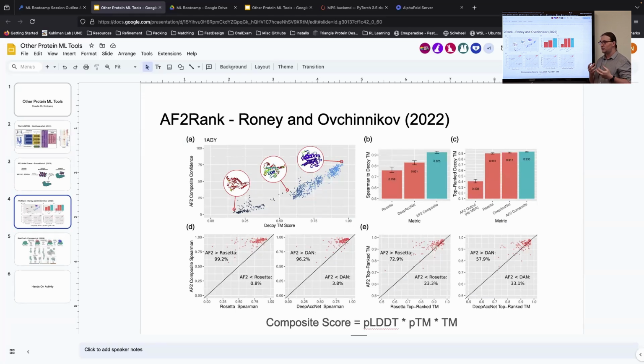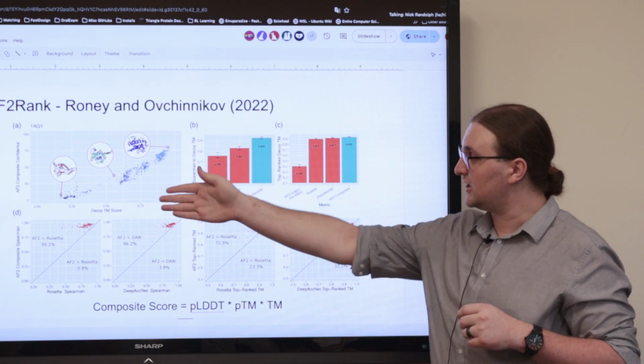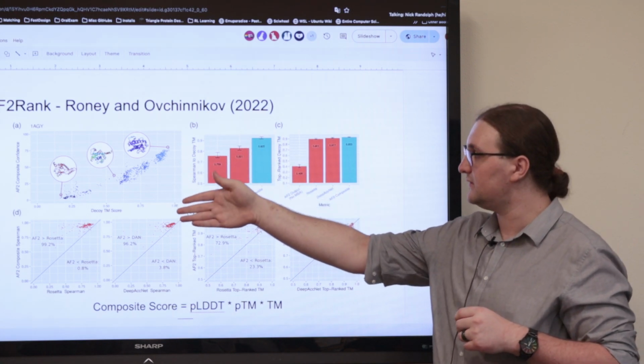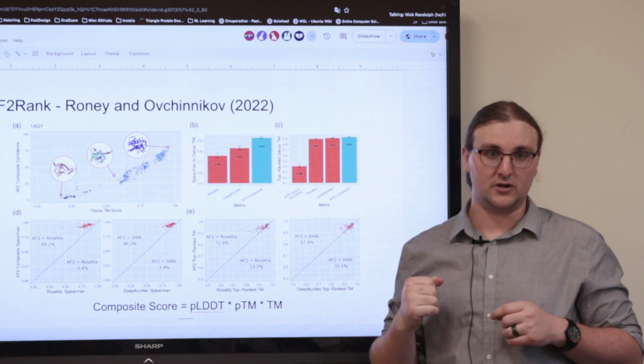This points to the fact that AlphaFold has learned a nice energy function that works really well for proteins. By using this composite confidence score, they're able to really discriminate bad predictions, bad decoys, bad poses from things that are much, much closer to the native structure.